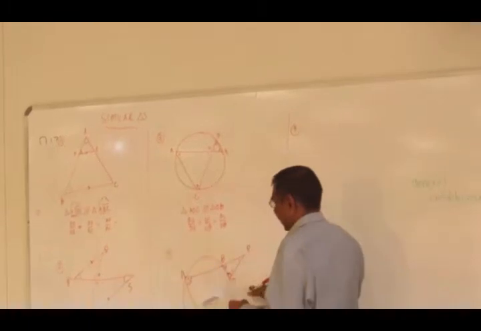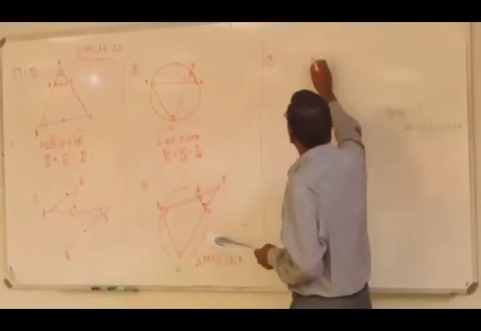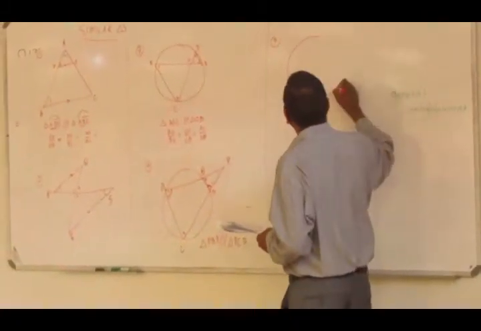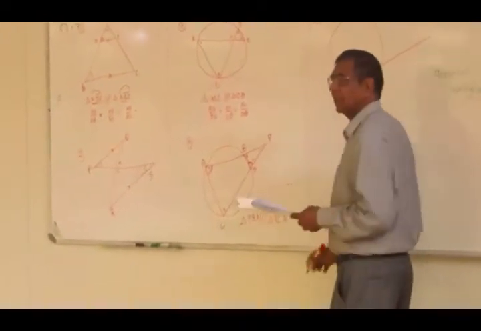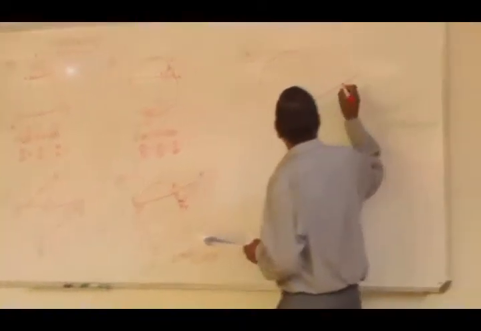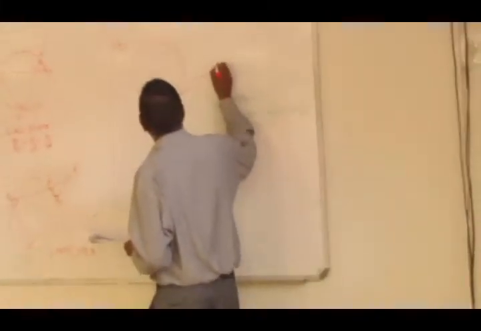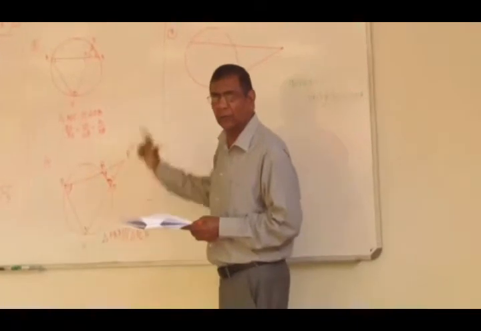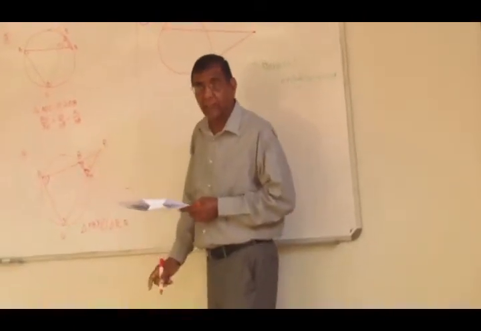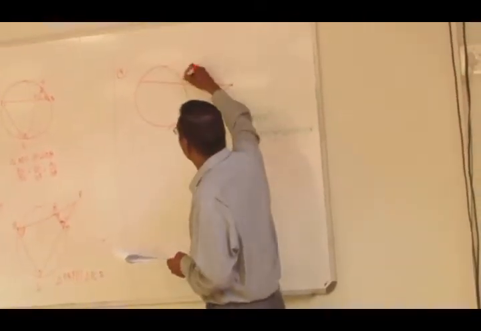Case 5. Suppose you have a circle and you have a tangent. And then from the end of that tangent you have what is called a secant, an extended chord. We came across that before, isn't it? An extended chord is called a secant.